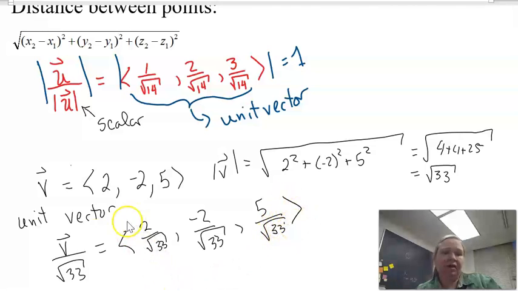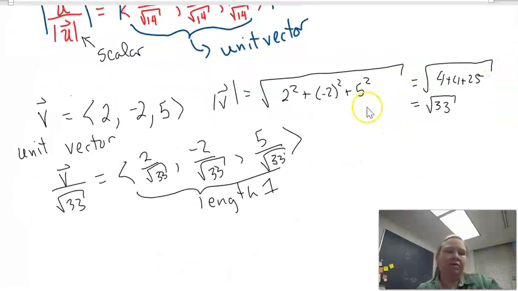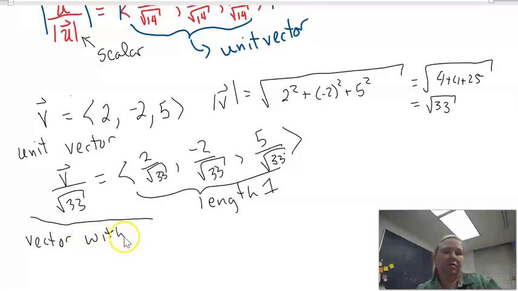And this gives me a unit vector that has length 1. And I could even make a vector with length 2. So if I wanted a vector with length 2, I would multiply all of that by 2.